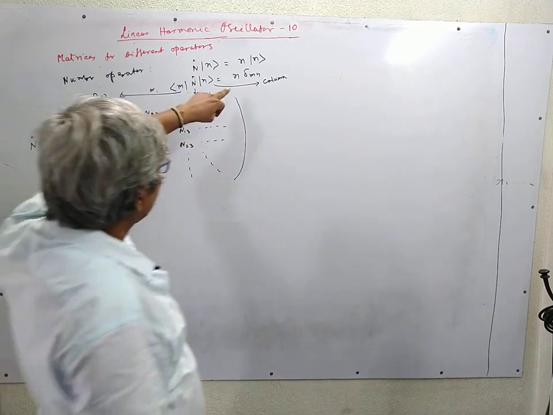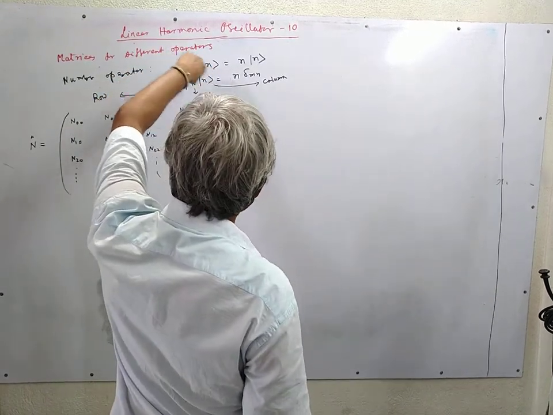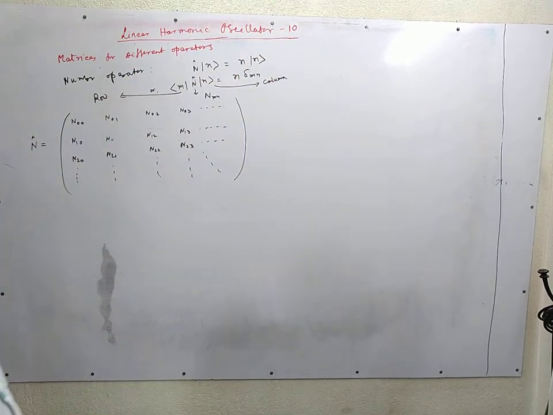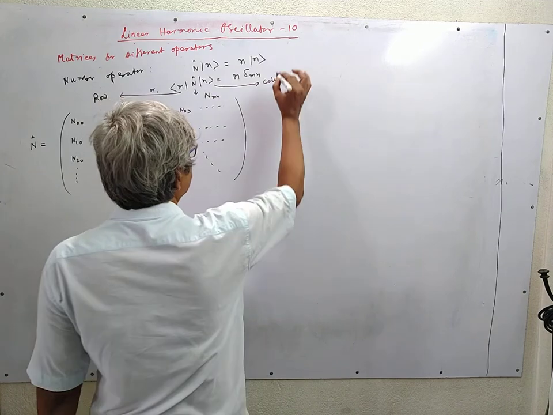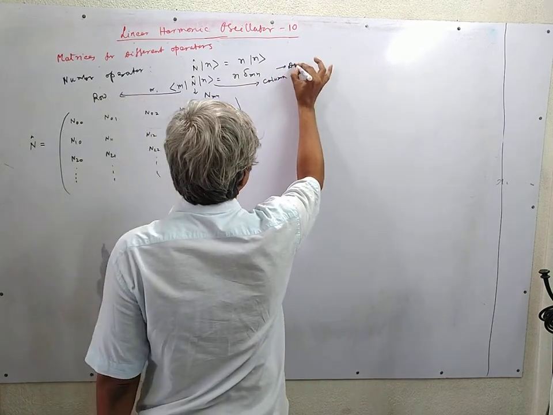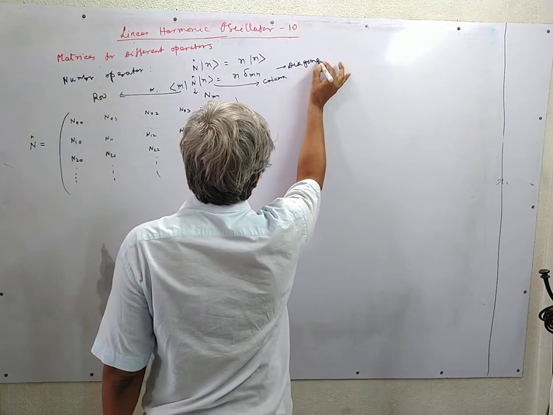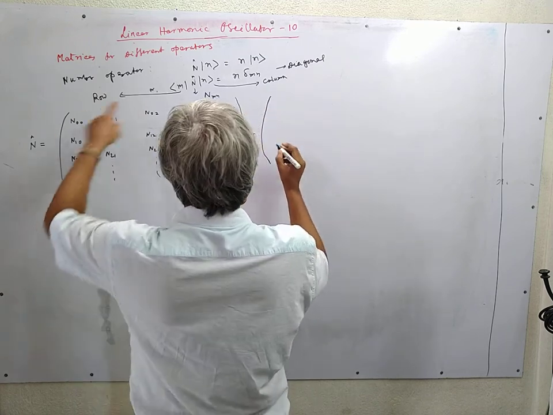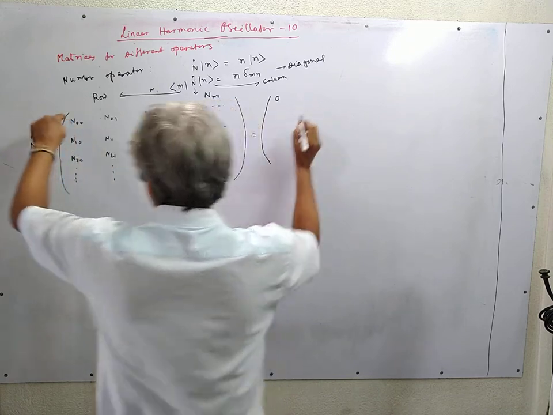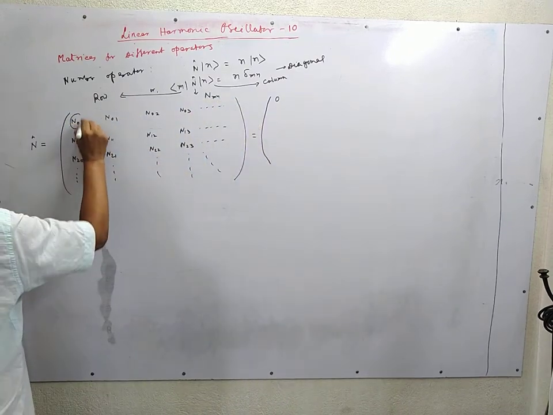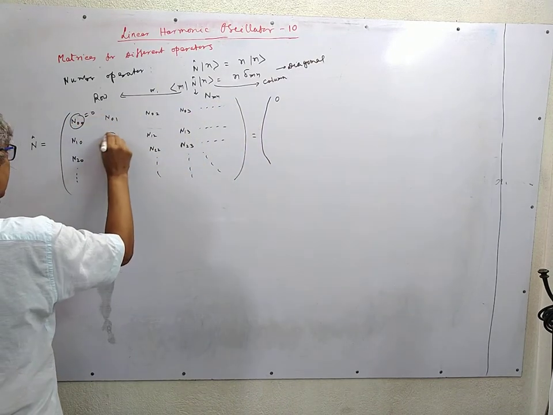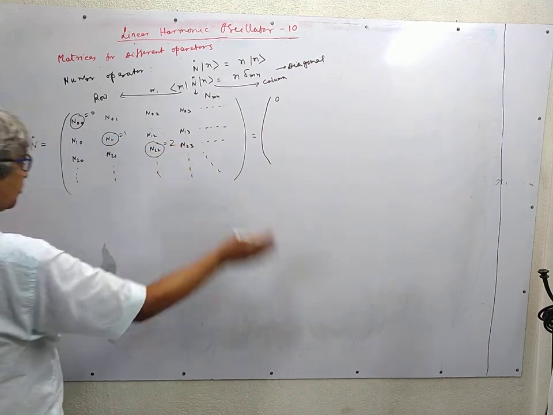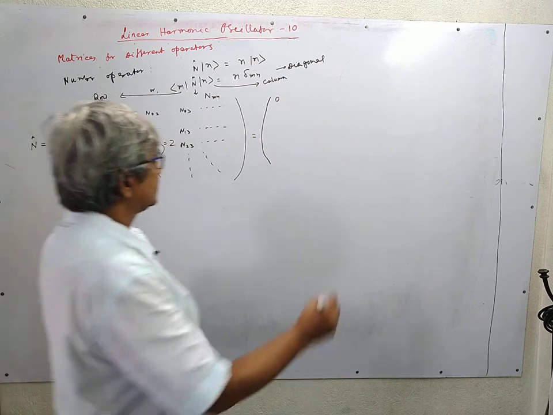We see that all these elements are 0 unless m is equal to n. That is to say, this matrix will be a diagonal matrix. And what will be its matrix form? When n is 0, it is 0. This is 1, this is 2, and so on.